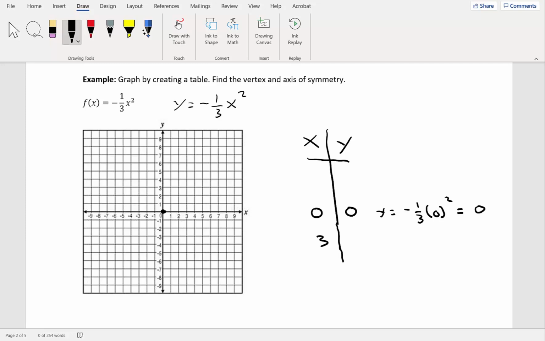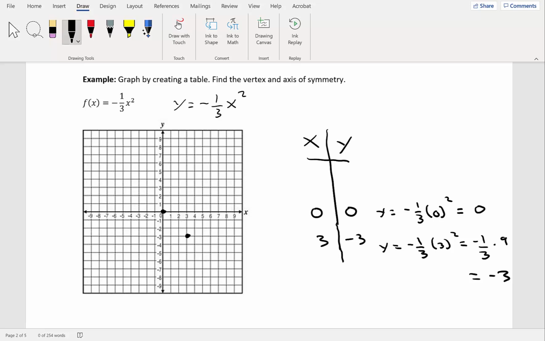If I choose positive 3, I get y is equal to negative 1/3 times 3 squared, which is going to give me negative 1/3 times 9, which is equal to negative 3. So that gives me another point on my graph. So I have (3, -3).